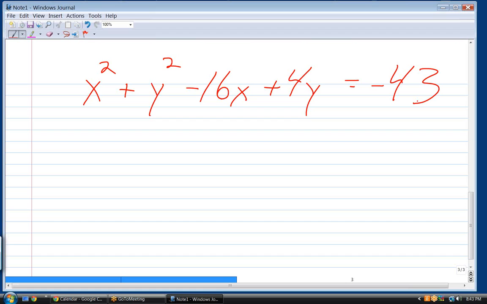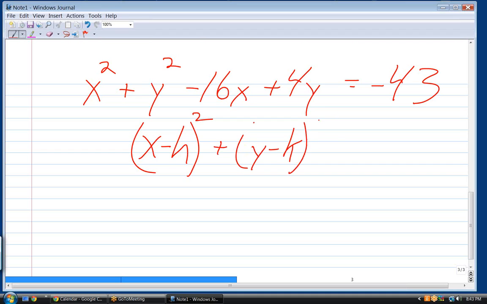What's the general format for the equation of a circle? Is it x minus h squared plus y minus k squared equals the radius squared?